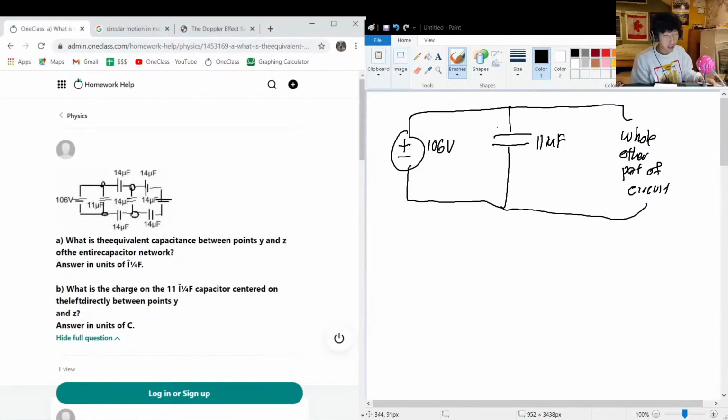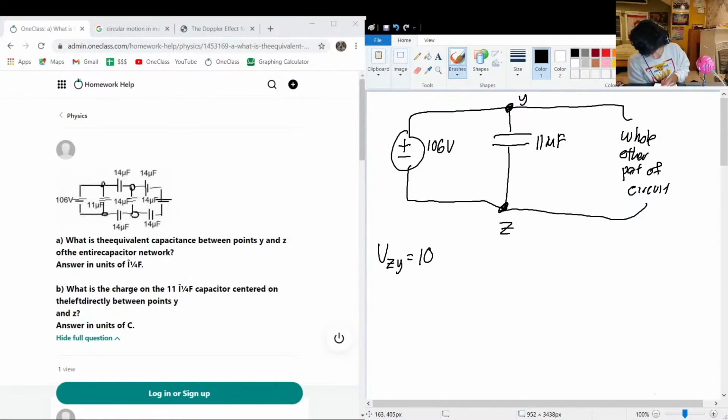Now the reason why the other part of the circuit is not really relevant is because we know that the voltage is always the same for the rest of the circuit, right? So the voltage between YZ, so VYZ, actually I'll do VZY instead to make it a little bit more formal.